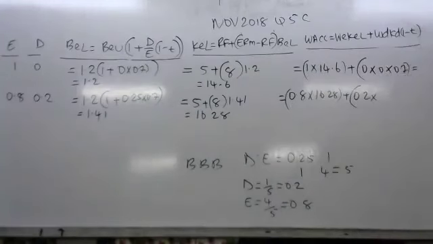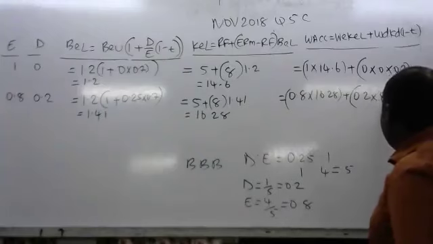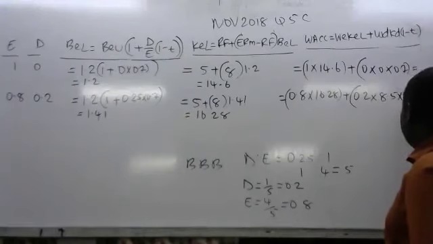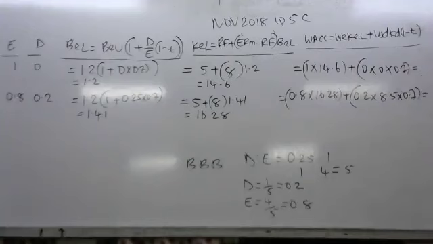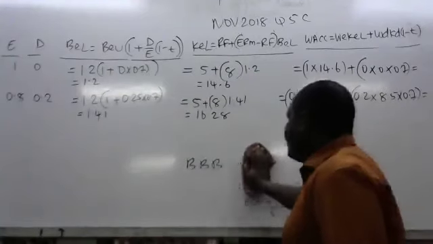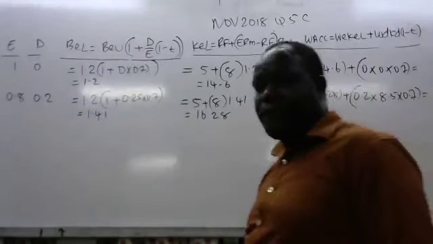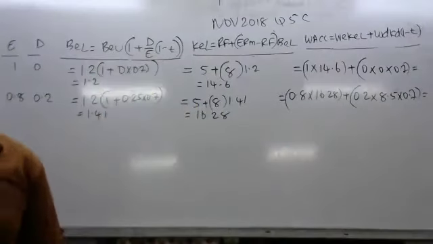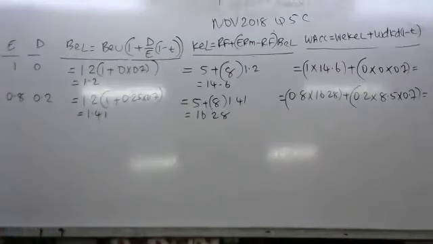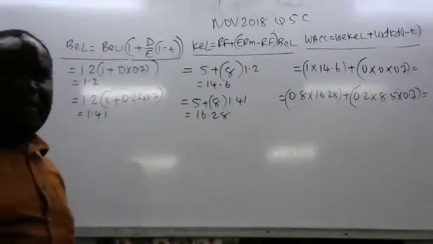So pre-tax cost of the debt, they gave you 8.5, also multiplied by 0.7. So that is now the second one.